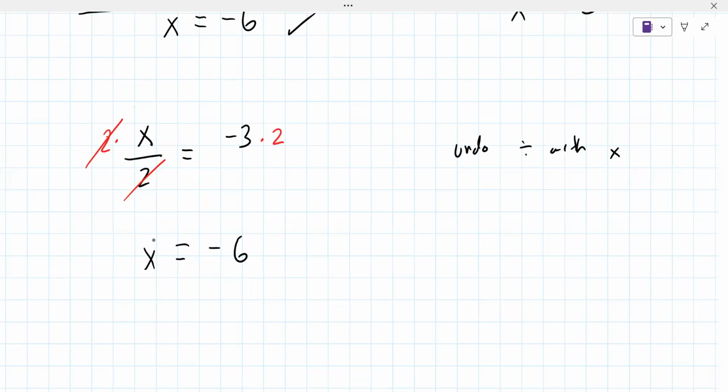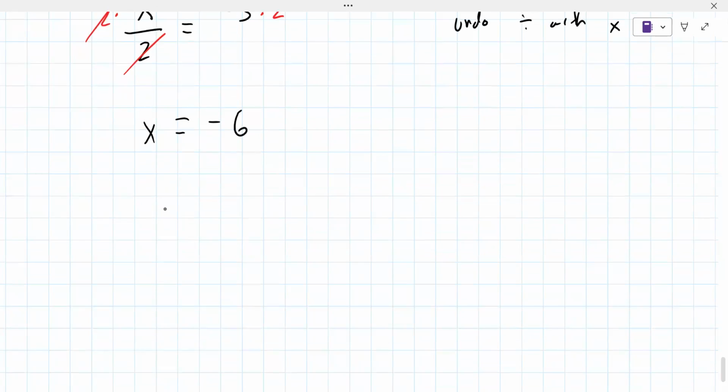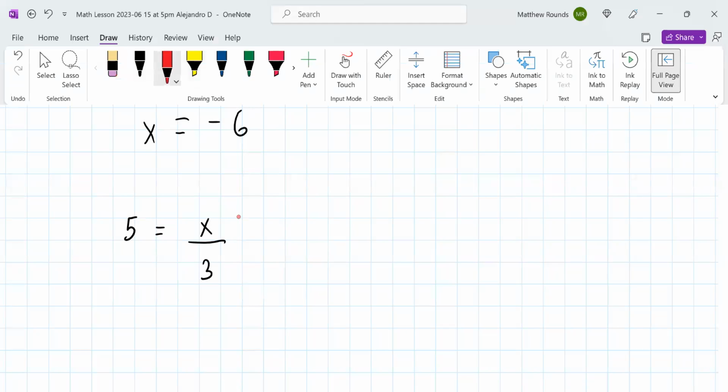Yes. All right. Now there are other ways to solve this. There's cross multiplying. There's lots of variations of this, but this is just one of them. So if you don't like this, I'll give you another way. But it could be that you have, let me do it differently, 5 equals x over 3. It could be on the other side there. So you undo division with multiplication.